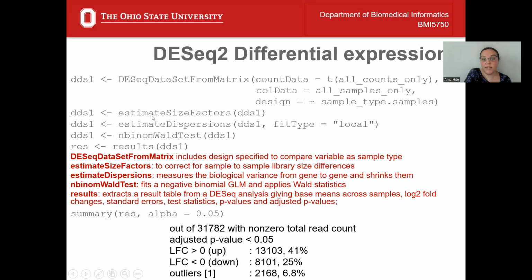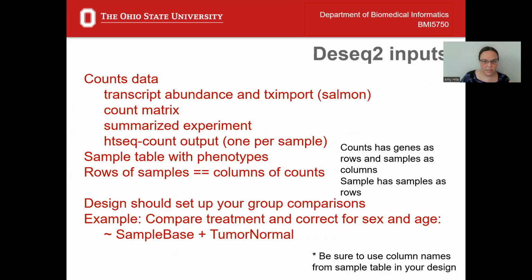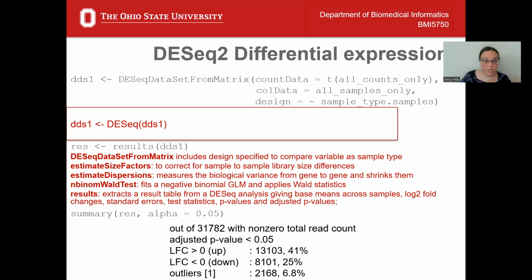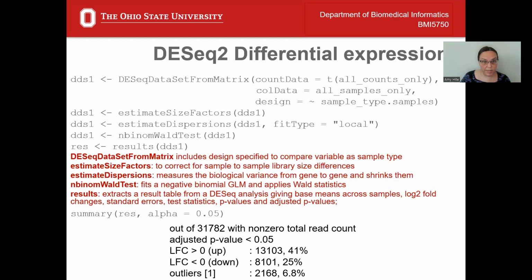First, we estimate the size factors. This is going to correct for any sample-to-sample library differences. I'll show more about this in a couple of slides. The second thing we're going to do is estimate the dispersions.